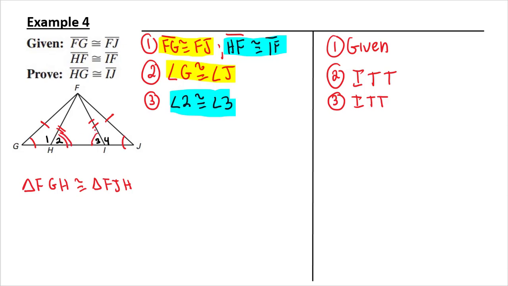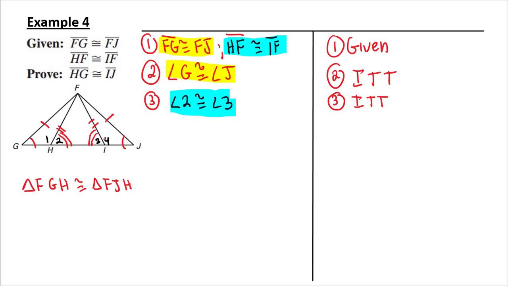I know these angles are congruent. 1 and 4 are supplements of congruent angles because 1 and 2 form a linear pair, and 3 and 4 form a linear pair. So 1 and 2 are supplementary, 3 and 4 are supplementary. We know that supplements of congruent angles are congruent. And I know it's kind of a deep pull for some theorems, and that's what makes this a challenging proof.